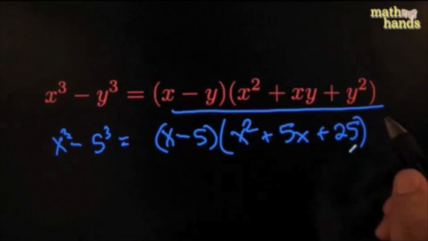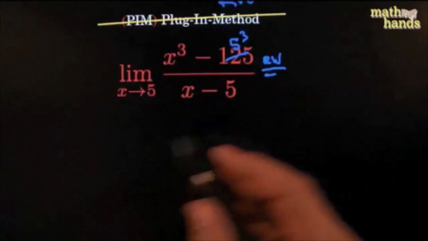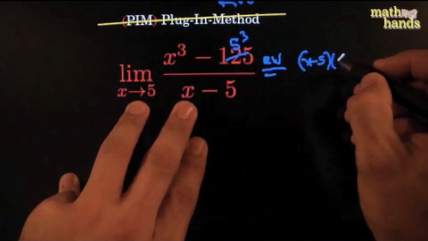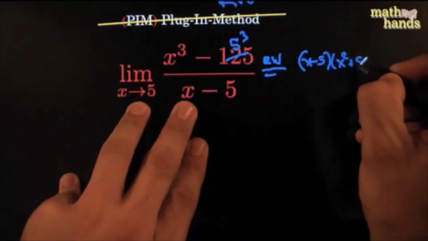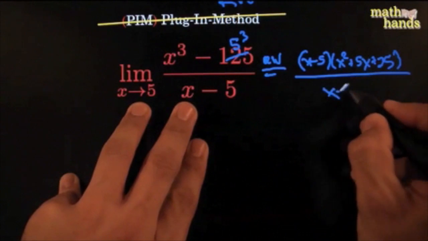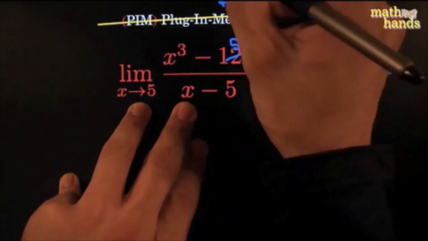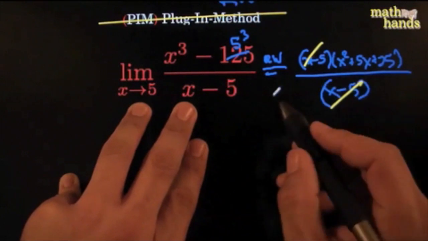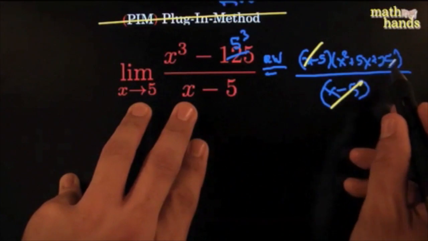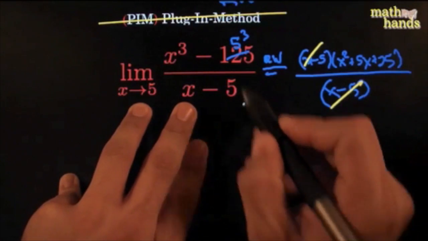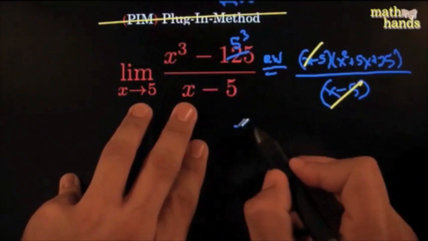So that's how I'm going to do the rewrite here. x minus 5 times x squared plus 5x plus 25, all over x minus 5. And here's something nice. These cancel, and now you're left with x squared plus 5x plus 25. I should have the limit here, but let's roll with that.